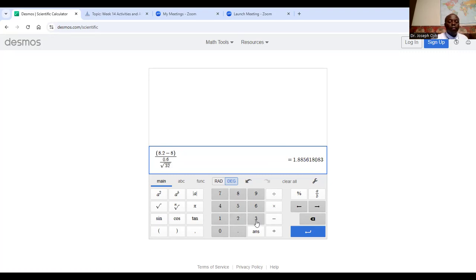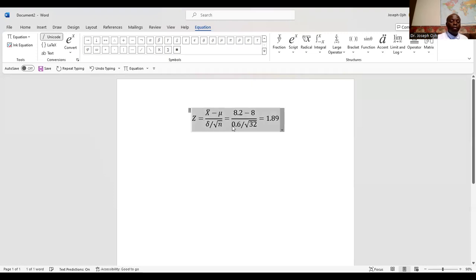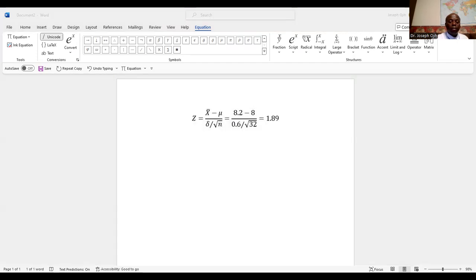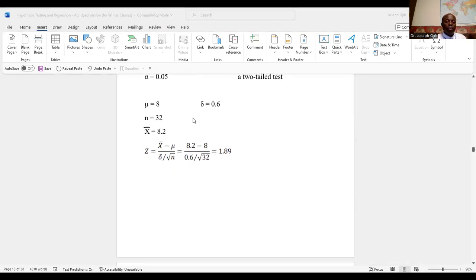I'll put it right here on the formula, and then we can copy it to our main workbook. 1.89. So now, like I said, this is a two-tailed test.